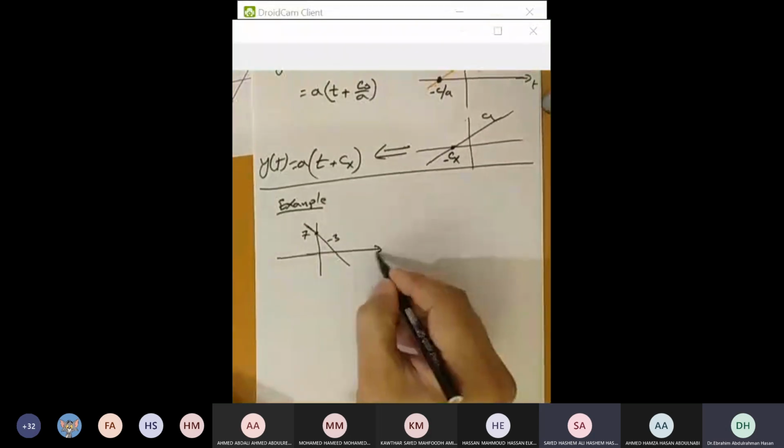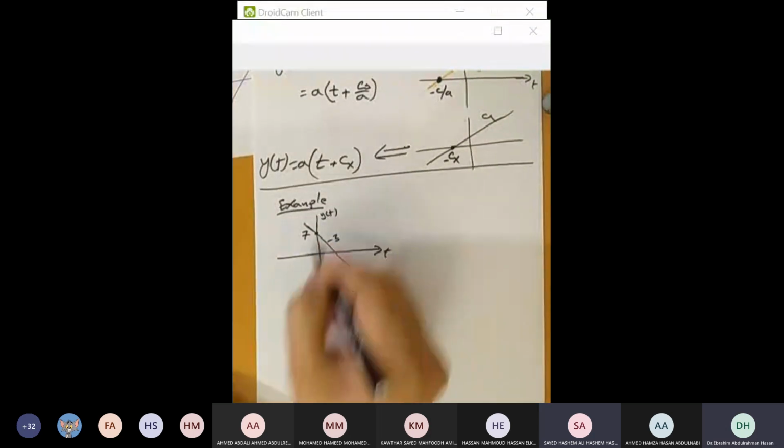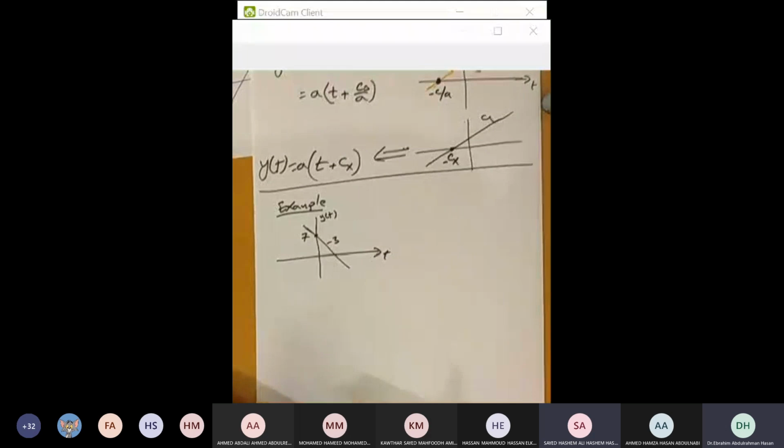This is t, and this is y of t. And the 3 different forms, okay? So given y-intercept, this is form number 1. Given x-intercept, this is form number 2. If I have 2 points, then we can use the general formula.